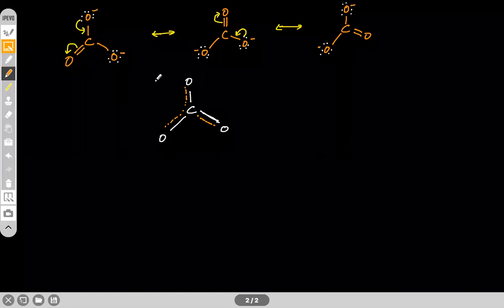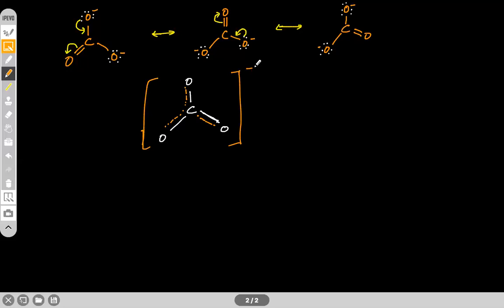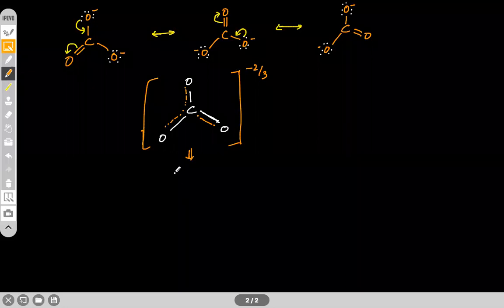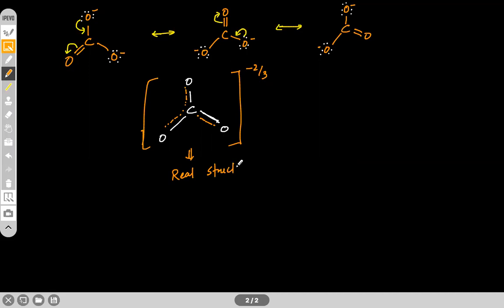Each oxygen atom will have a charge on it, and that charge is -2/3. The 2 negative charges are equally distributed over the 3 oxygen atoms. So this is the real hybrid structure of the carbonate ion. The actual structure is this; these are just representations of this real ion. This one, this one, this one: 3 different representations we have. Clear?